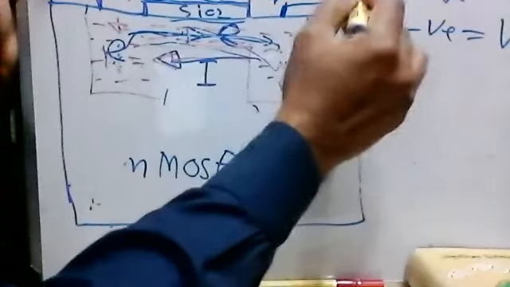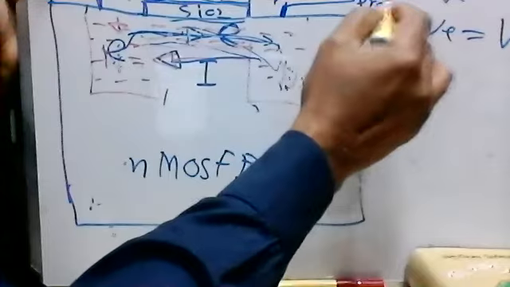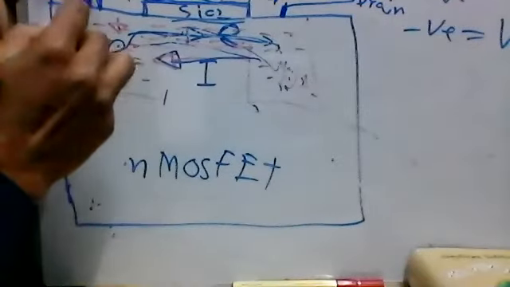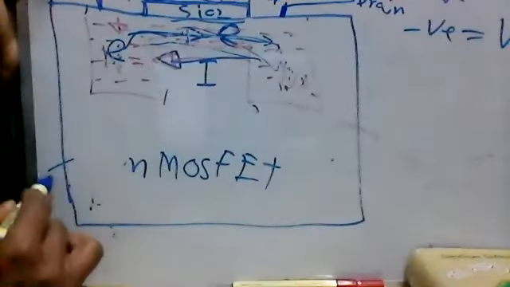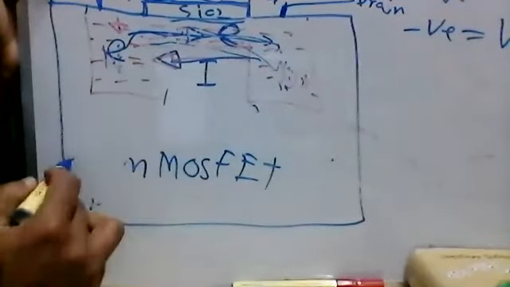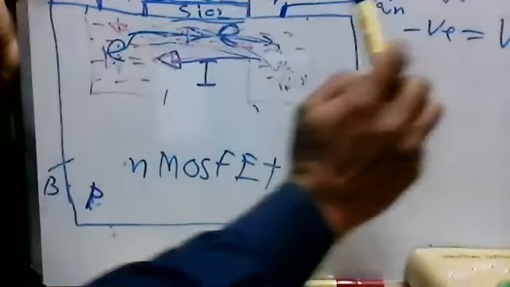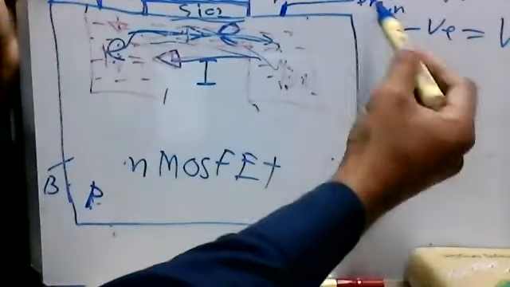So the electron must go to the drain. So this terminal is called the drain. Now this is the source, this is the gate, and this is the drain. And we already mentioned there's a body. This is a P-type substrate, right? The P-type substrate is the body, and this is a very simple way.